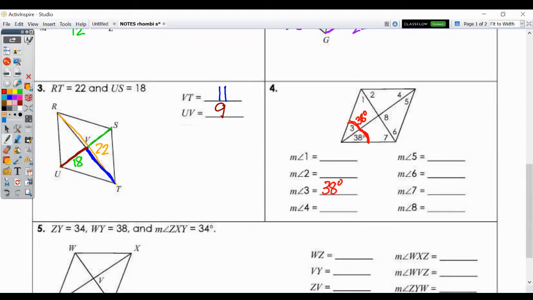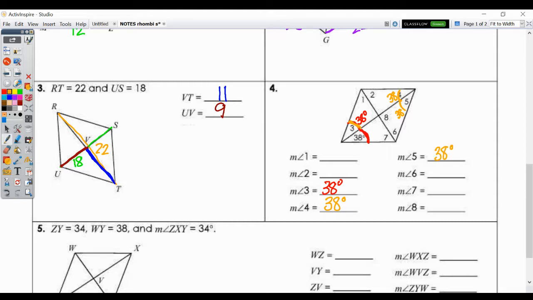And then we know from dealing with rectangles and parallelograms that these angles over here, if this one's 38, this one's going to be 38 because they're alternate interior. And because this is a rhombus and it's going to be bisected, that means that this half is going to be 38 too. So I know right off the bat that 4 is 38 and 5 is 38.